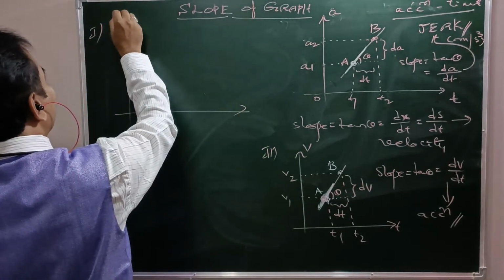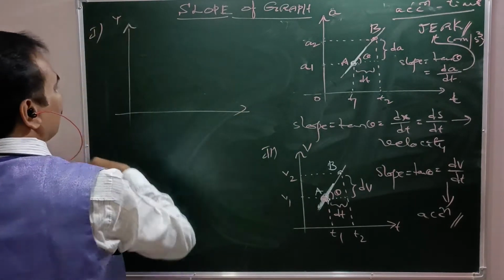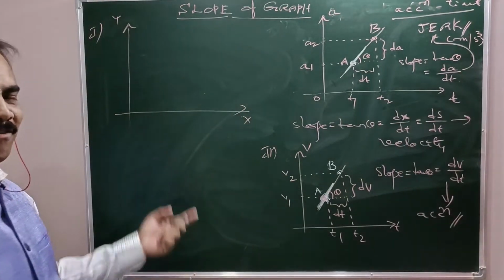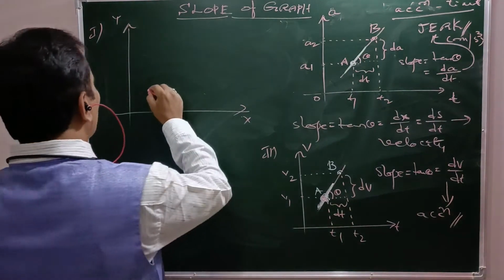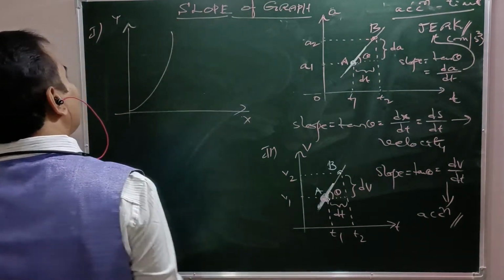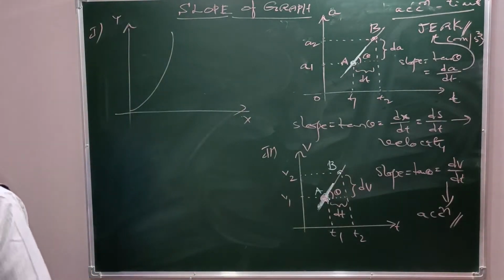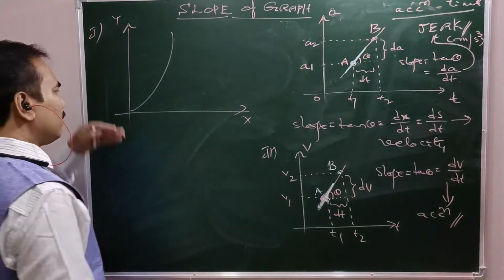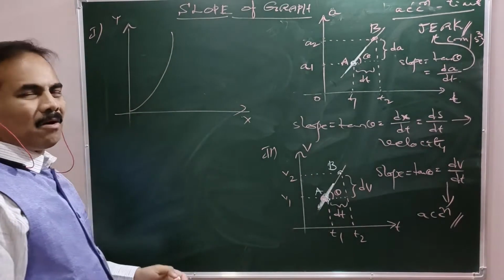The point y is taken along the y-axis, the point x is taken along the x-axis, meaning the variation of y versus x. Suppose you are given a variation like that. This is the variation of y with respect to x. See, it is somewhat concave upwards.